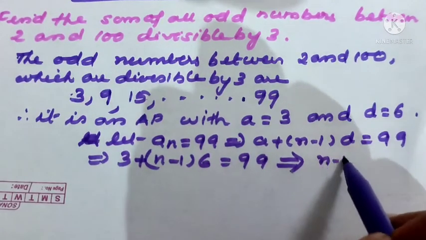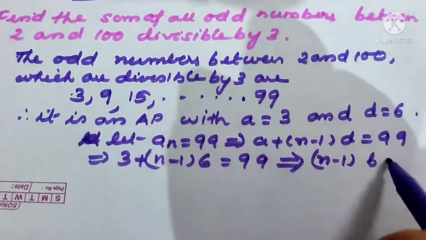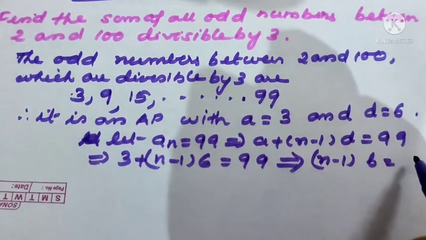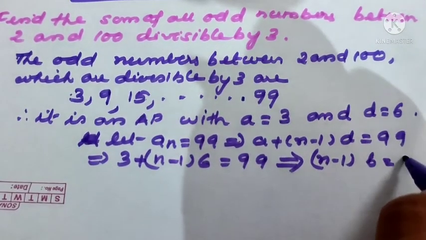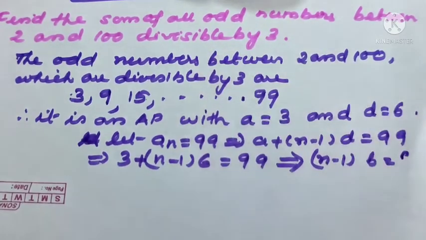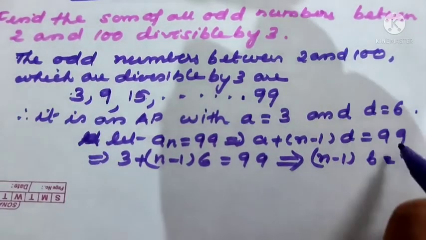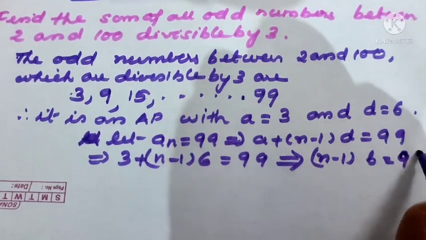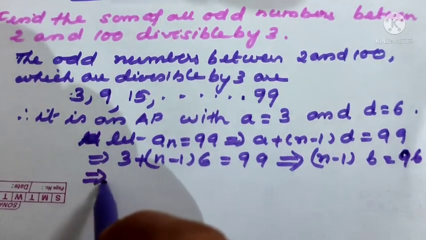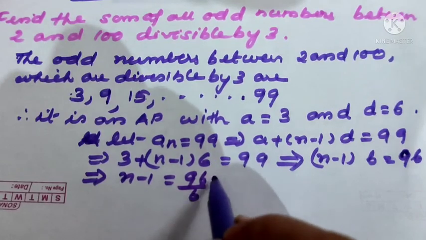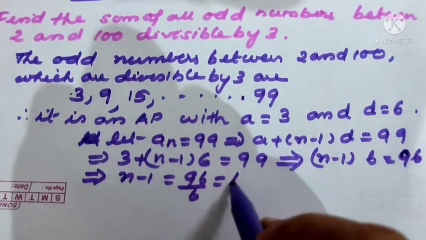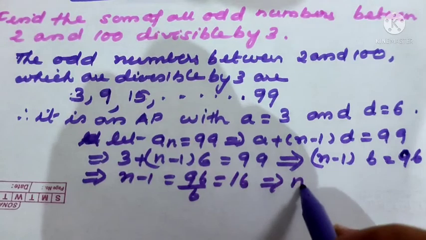So n minus 1 into 6 equal to 99 minus 3. N minus 1 equal to 96 by 6 equal to 16. Therefore n equal to 17.